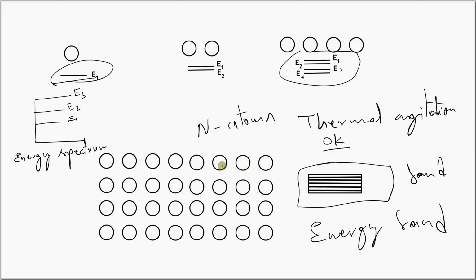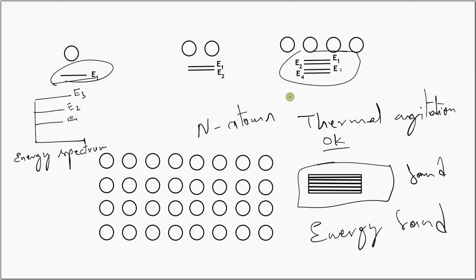As a consequence, we will observe a band of energy levels corresponding to each of the atomic levels in the atomic spectrum. The thickness of these bands depends very much on how the electronic wave functions overlap between the atoms. That will determine the thickness of the bands.